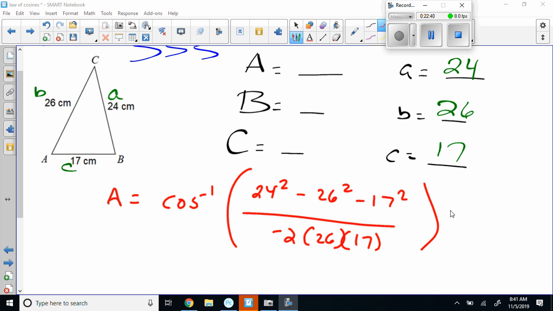Voila. Ladies and gentlemen, what does that equal? 63.89. Do y'all agree? Degrees. Oh, degrees, you're right. Come on, man.